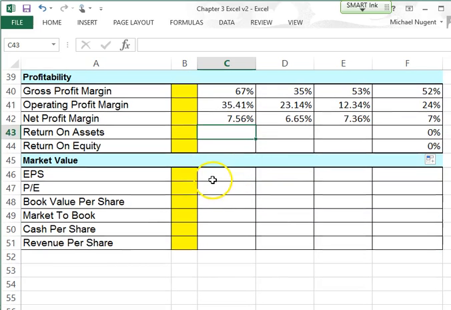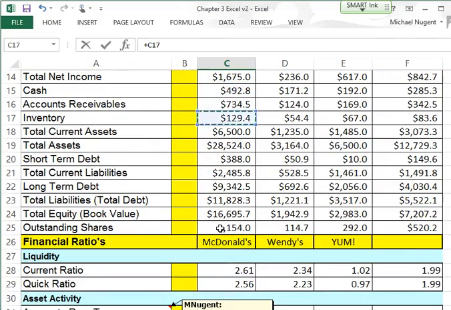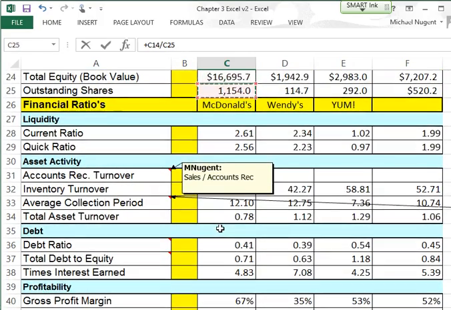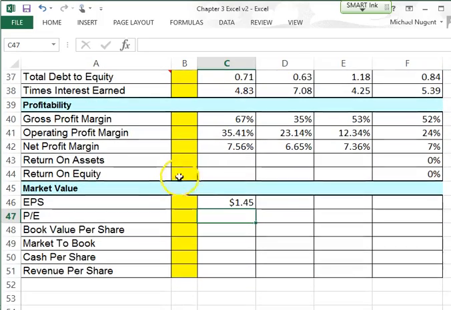So that's actually calculated down here. So I'm just going to take total net income and divide by outstanding shares. And I get, for McDonald's, $1.45 per share.